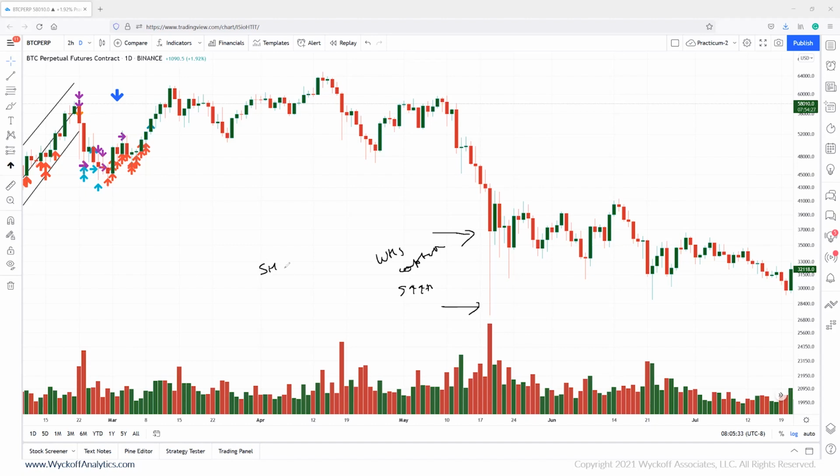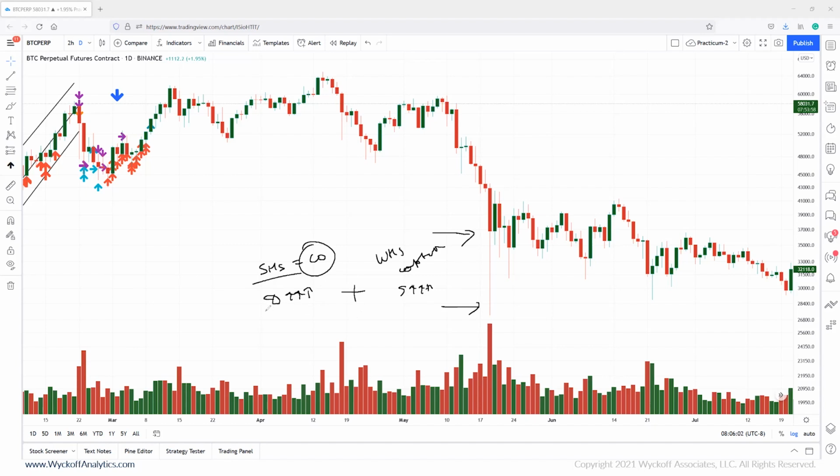Now, on the other hand, the strong hands, which is going to be predominantly the composite operator. This is the Wyckoffian heuristic that we use to identify a herd of institutions that are providing meaningful liquidity to the markets with their buying and selling. So they're already buying, and their demand is increasing tremendously.